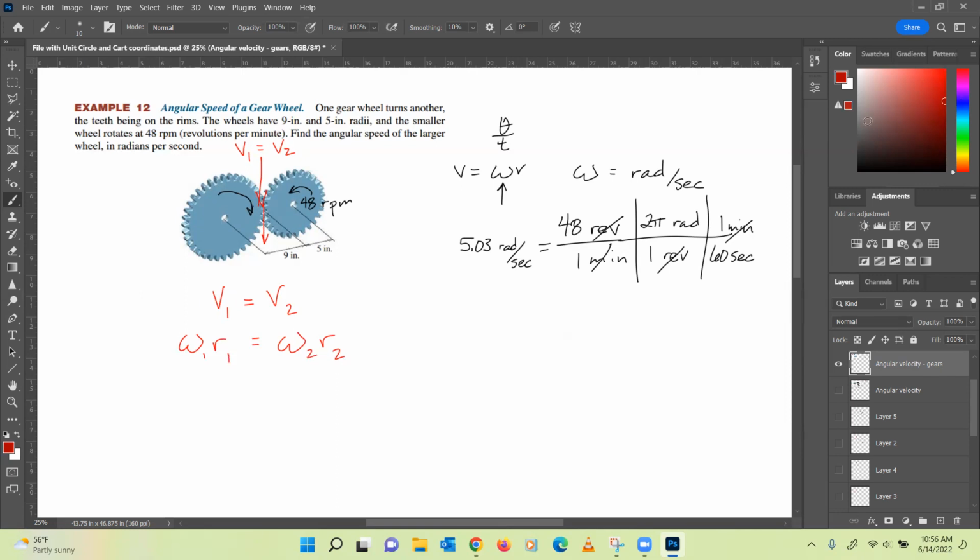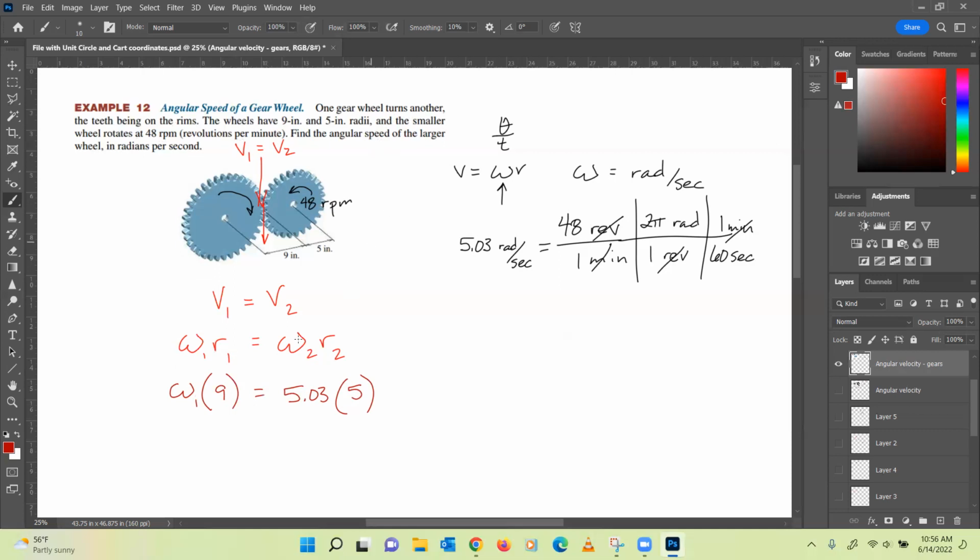Okay, so we've got the radius here. We've got omega. We just simplified that over there. 5.03 times the radius of 5 equals omega times radius.